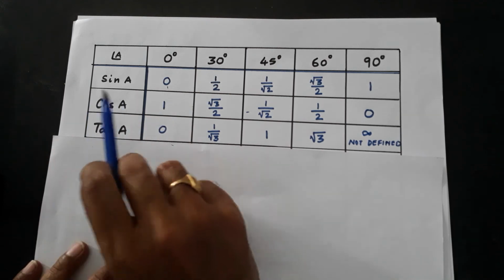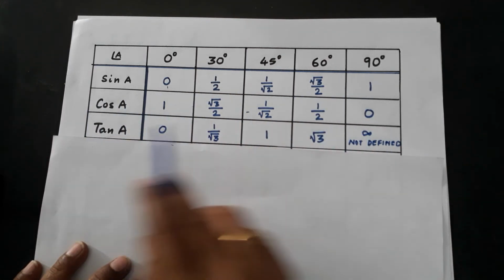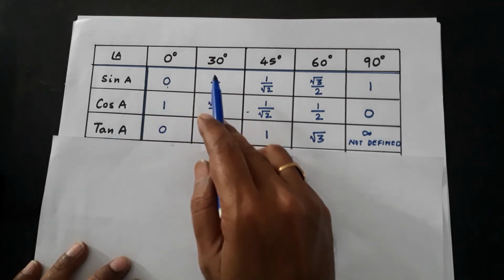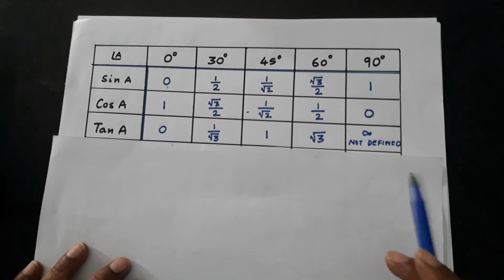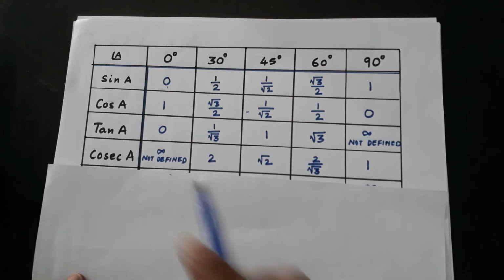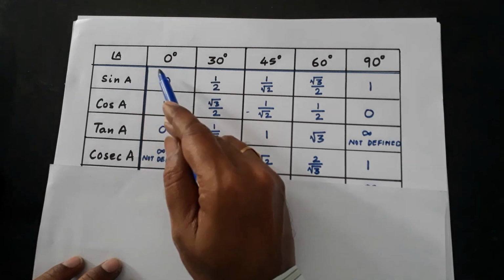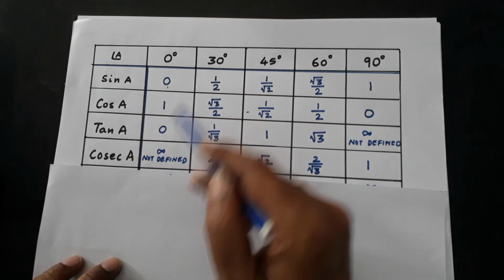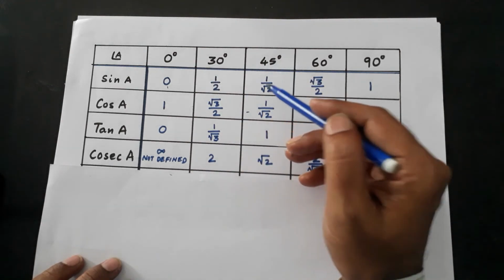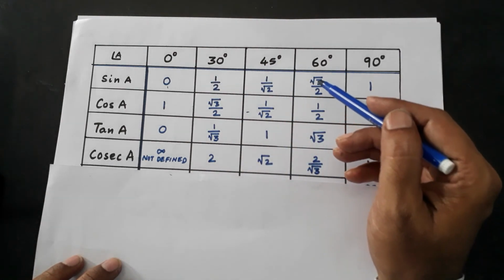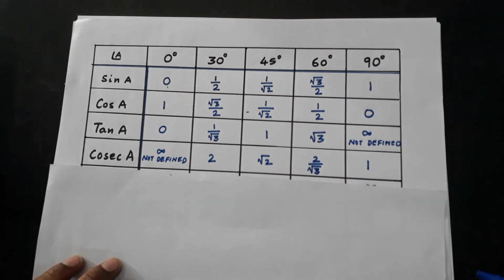So from sin, if you write in the reverse direction, it is cos. For tan, it is sin by cos at each angle. You get this. So how do we get cosecant? You already know, cosecant is nothing but the inverse of sine, which is 1 by 0, infinity. 1 by 1 by 2 is 2. 1 by 1 by root 2 is root 2. 1 by root 3 by 2 is 2 by root 3. 1 by 1 is 1.